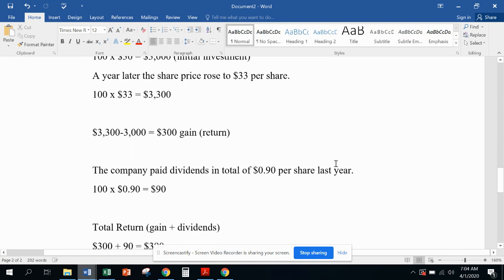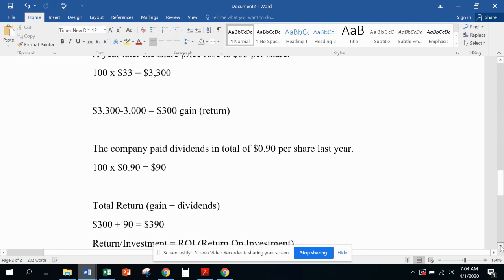Now the company paid dividends of 90 cents per share total last year. So normally dividends are paid out 4 times per year. We're saying in total we got 90 cents per share. So 100 shares times 90 cents per share means we were paid $90 in dividend income.